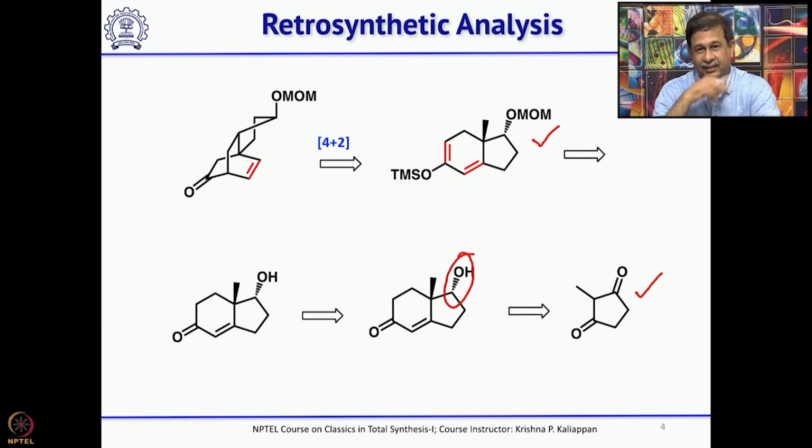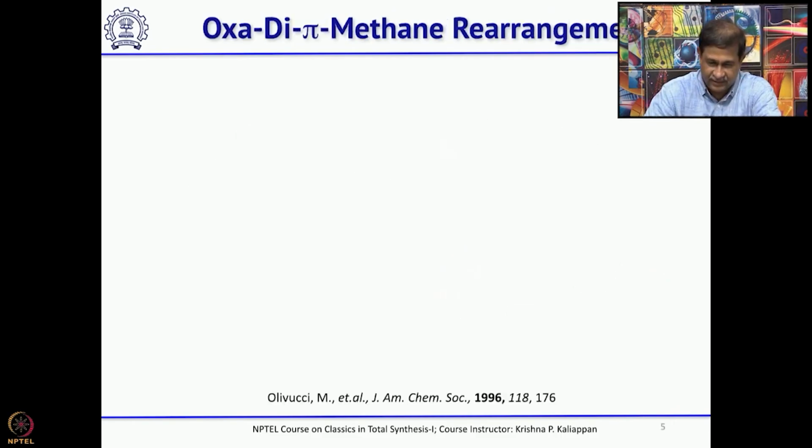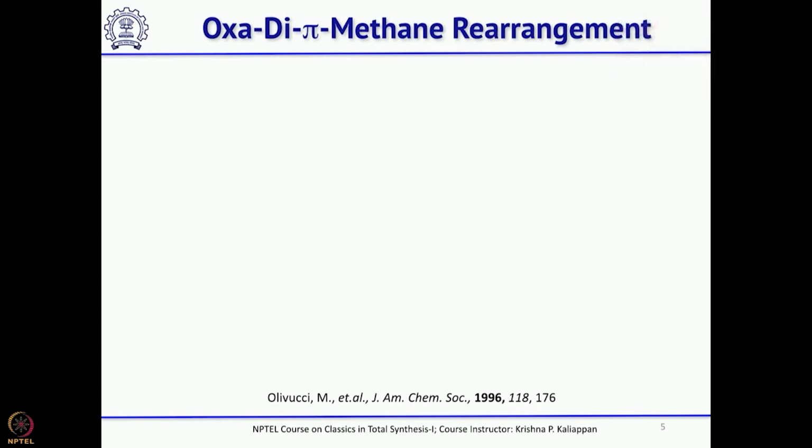One can do a Michael addition followed by aldol reaction, which we normally call a Robinson annulation sequence. The starting material for this is 2-methyl cyclopentane-1,3-dione, which is commercially available.